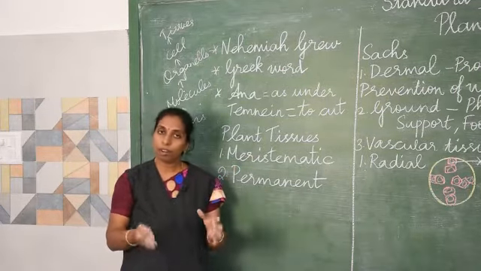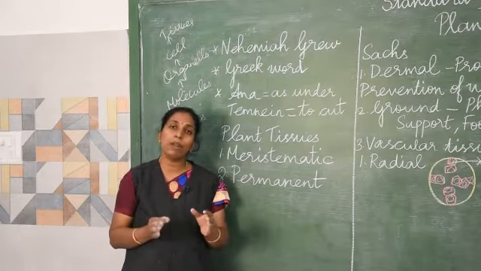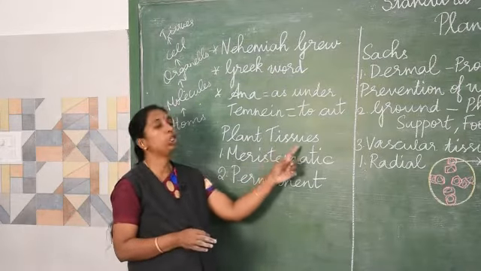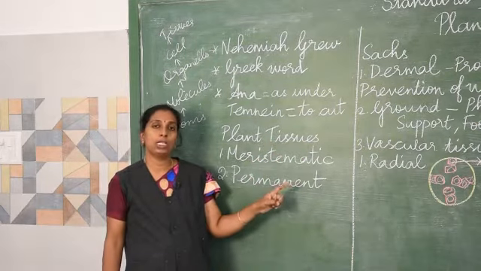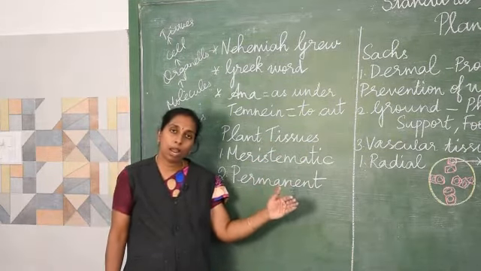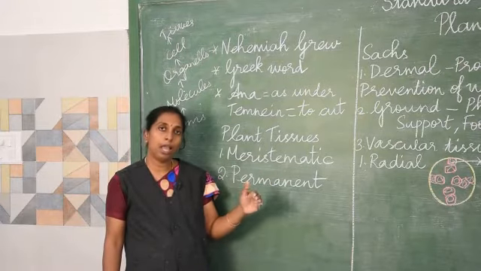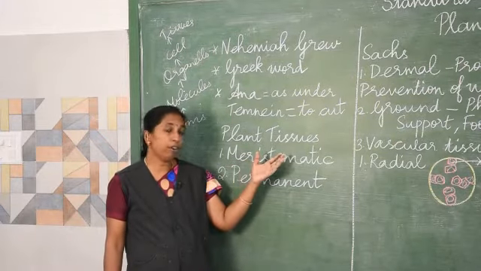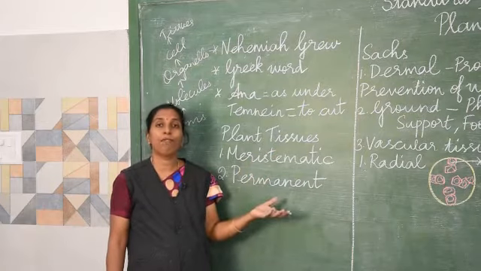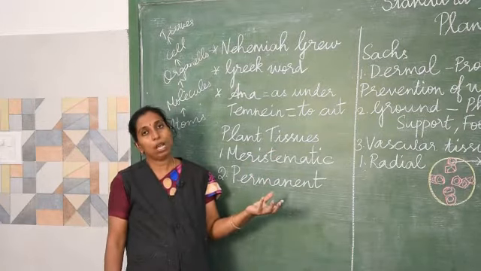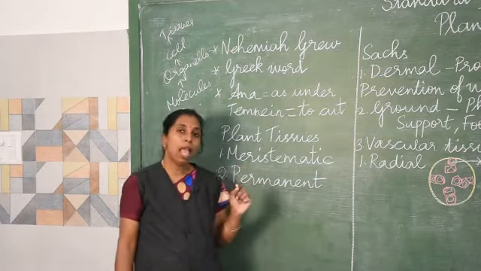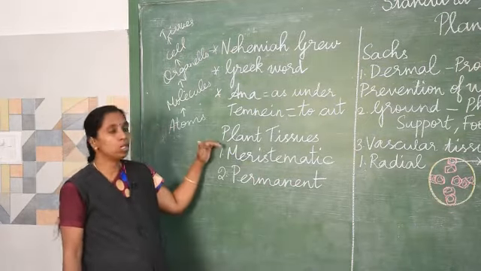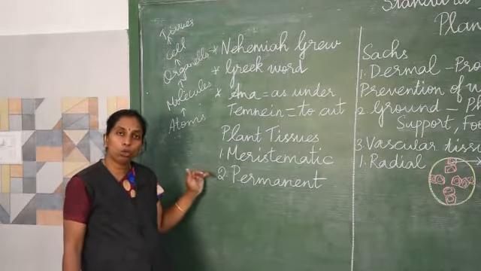Even if they are different in origin but perform a specific function, they are called tissues. And these plant tissues are classified into two types.